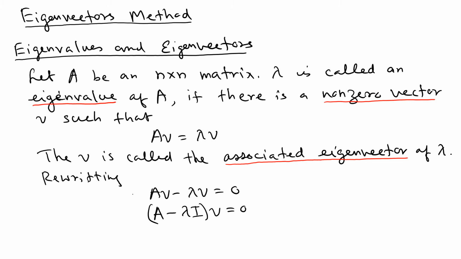But we know that we are interested in finding a non-zero v. In the theory of linear algebra, if the matrix A minus lambda I is invertible, that means there's an inverse, then the only solution this has is v equals 0. That is not interesting because that's not an eigenvector. So A minus lambda I cannot be an invertible matrix.